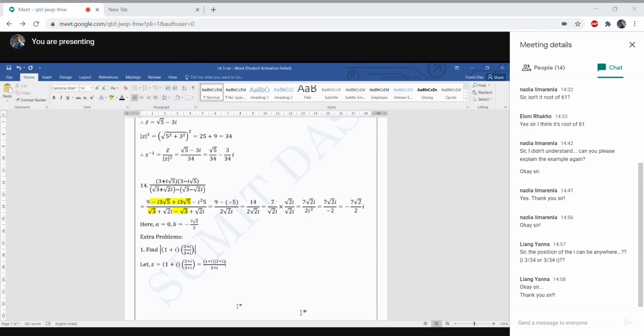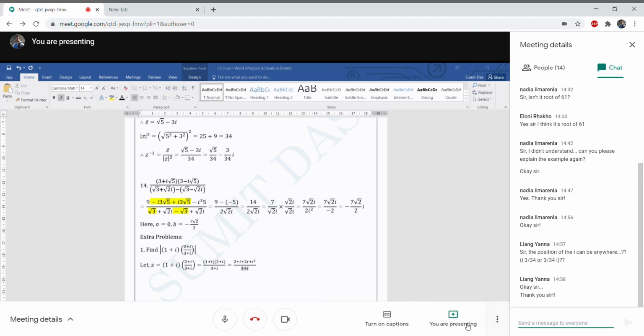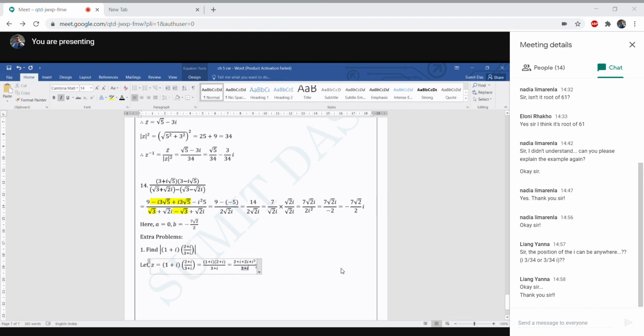If you simplify the numerator, you get 2 plus i plus 2i plus i square, divided by 3 plus i. So the numerator gives 2 minus 1, so it will be 1 plus 3i.